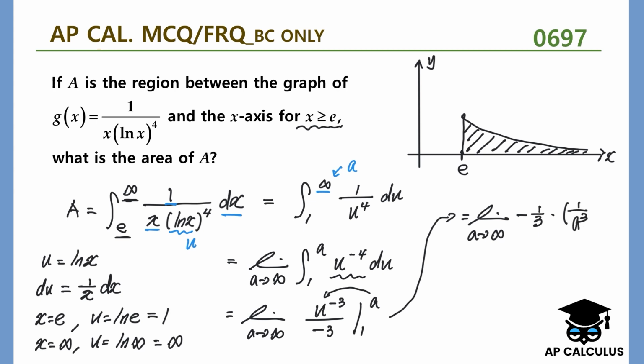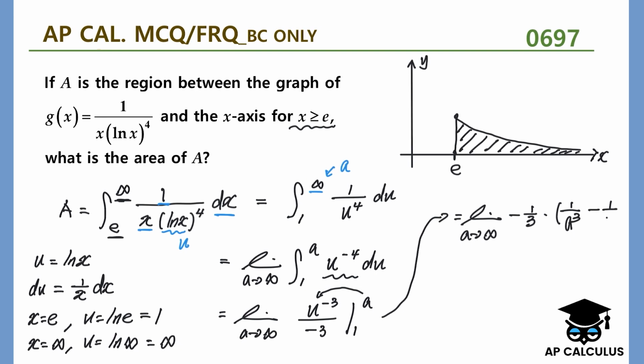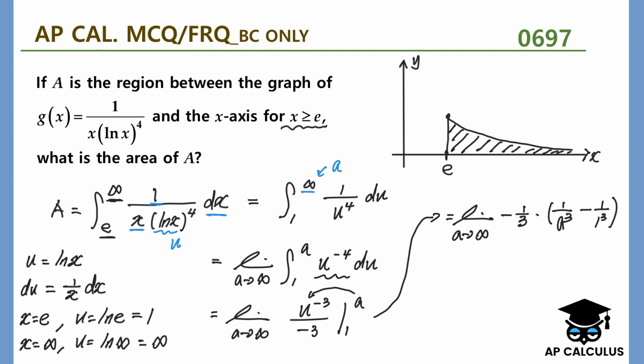And substitute 1, that's going to be minus 1 over 1 to the power of 3, right? Now think about this limit value. As a approaches infinity, 1 over a cubed is approaching 0, right? 1 over infinity cubed, that's 1 over infinity, which approaches 0.